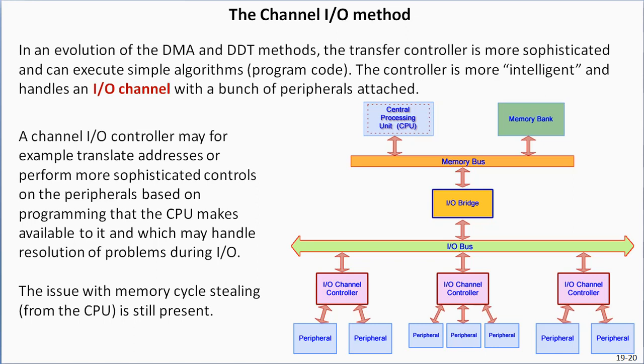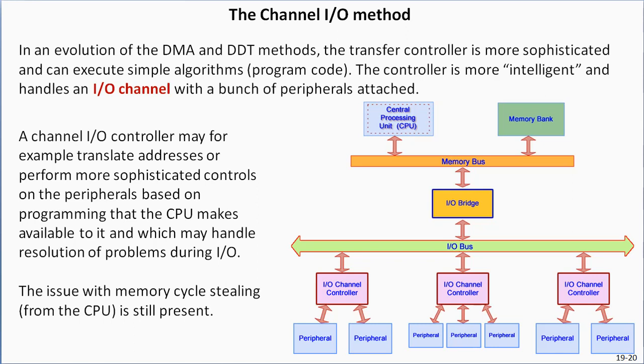Likewise, in the channel I/O method, the CPU communicates needed I/O information to the channel controllers, but this information is more sophisticated and may include pointers to code or drivers to be used. A channel I/O controller can do more things than its simpler predecessor DMA or DDT controllers could do.